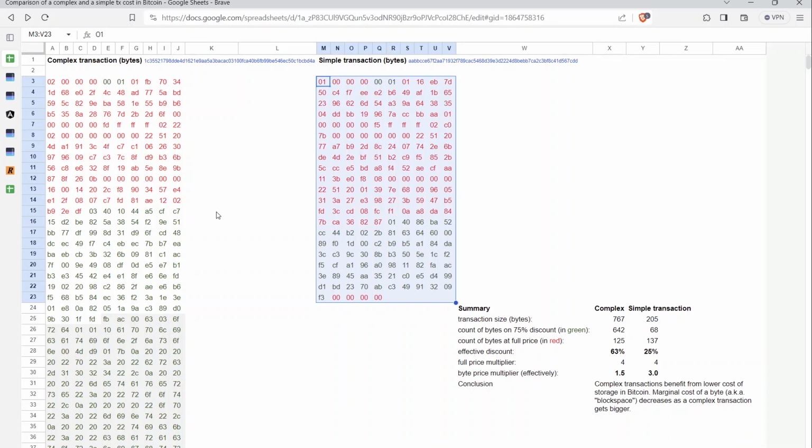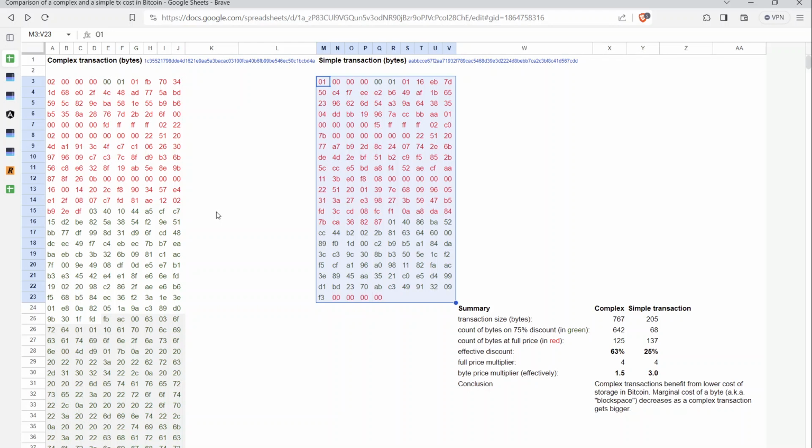So assuming that all the block, which is typically created every 10 minutes, consists of simple transactions, then its size will not exceed 2 megabytes.